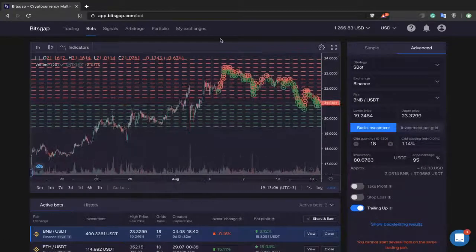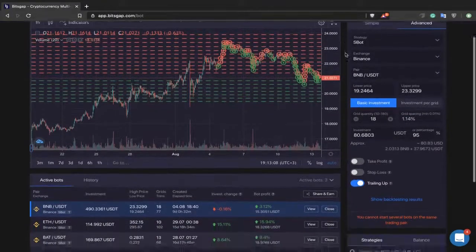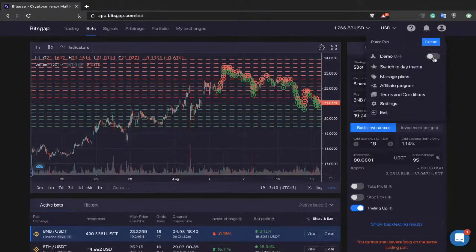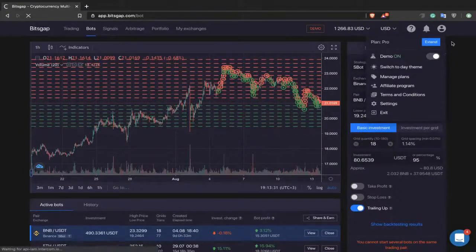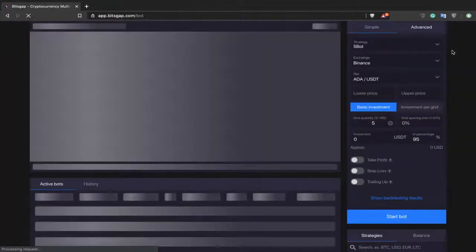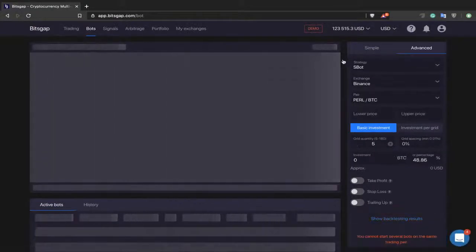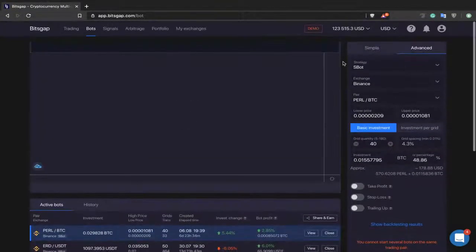So let's use this for now, but later I will switch to the demo mode, because in the demo mode I have more active bots, because I use the demo mode as the platform for my experiments. Before actually launching any bot configurations on my real account, I am using the demo mode just to find out proper configurations and so on. So here it is, the demo mode.